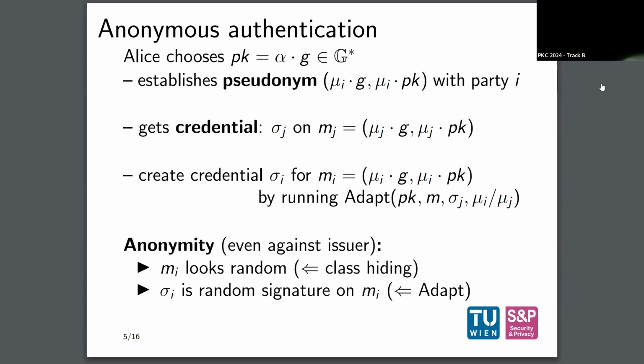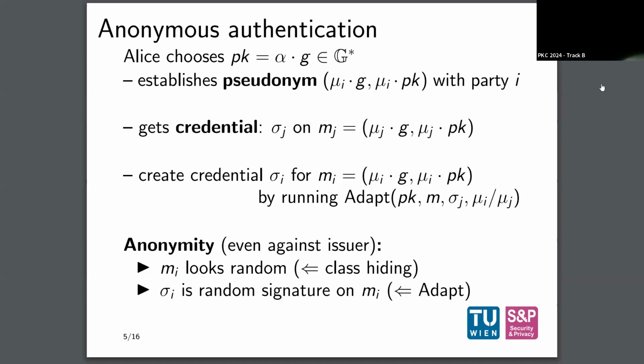Okay, and now why does this preserve anonymity? The two notions we need are that the message looks random, and that is guaranteed by class hiding, while another property we need is that the signatures that adapt generates should also be random, but that's a bit too technical to go into detail.